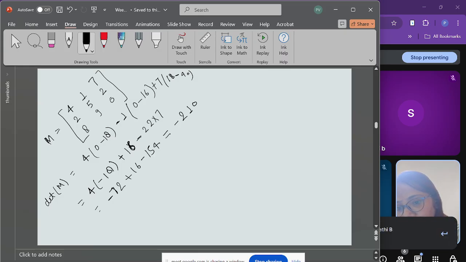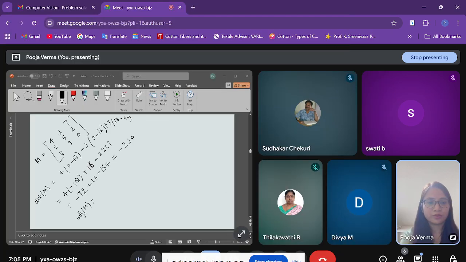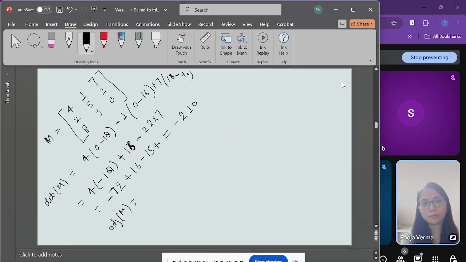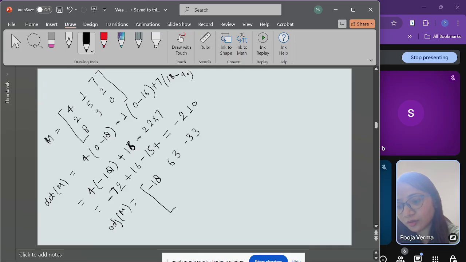Now the adjoint of M you will get. So for the adjoint of M, you get cofactors and other things you can calculate. Here I'm just directly writing the cofactors and the transpose of that one: 63 and minus 33, we will get 16, minus 56 and 6. Here you will get minus 22, minus 28 and 18.